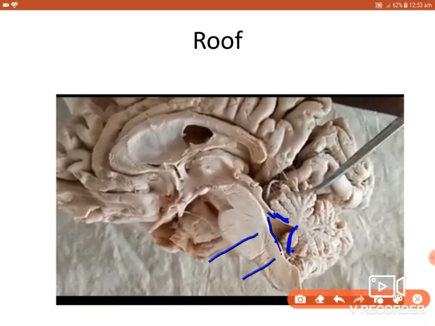This fourth ventricle communicates with the third ventricle through the cerebral aqueduct in the midbrain. Then the fourth ventricle communicates with the central canal of the medulla and then of the spinal cord.